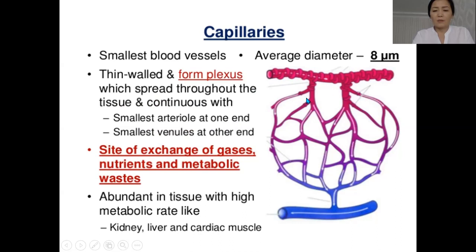This is a capillary network. Capillaries are the site of exchange of gases, nutrients, and metabolic wastes. Usually exchange occurs here between capillaries and the tissue, remember.